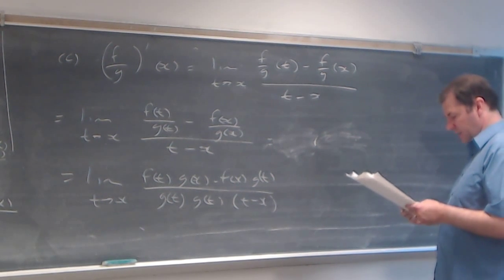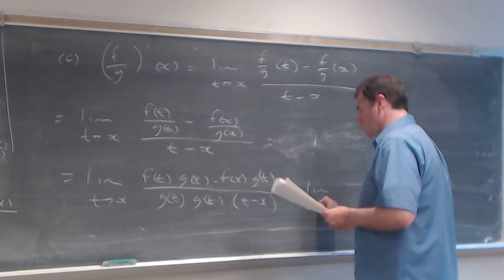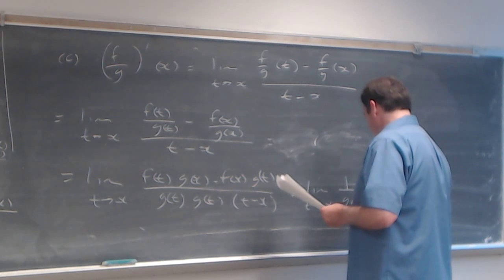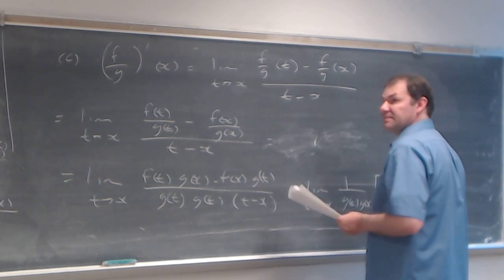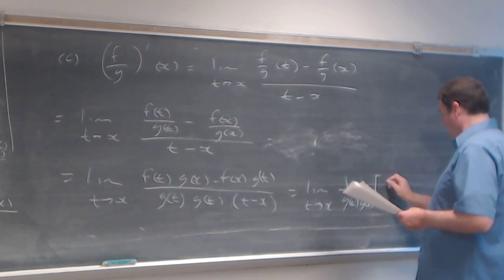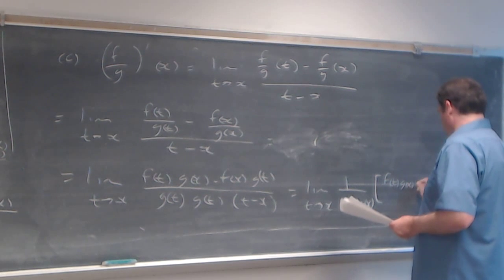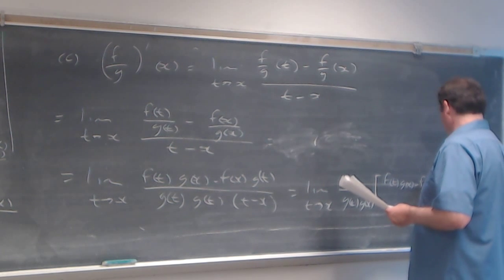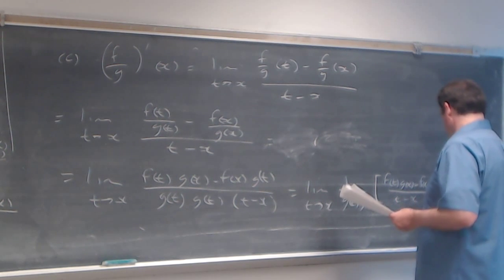Okay, and now we can rewrite this as the limit as t goes to x of 1 over g of t times g of x, and then times f of t times g of x minus f of x times g of t, all over t minus x.